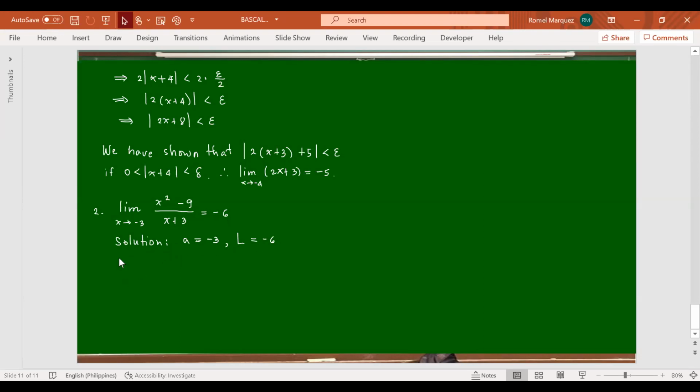So let epsilon greater than 0 be given. That's how we begin.